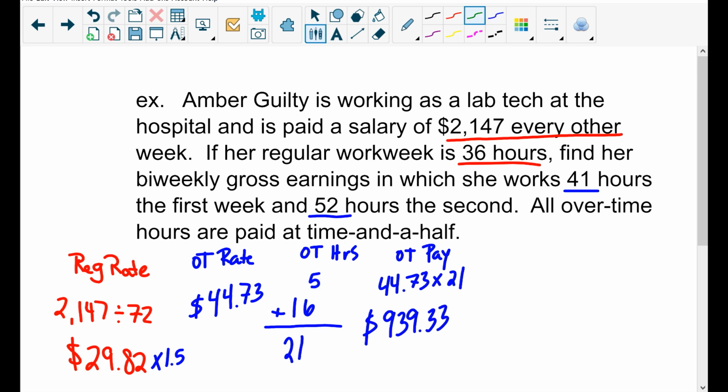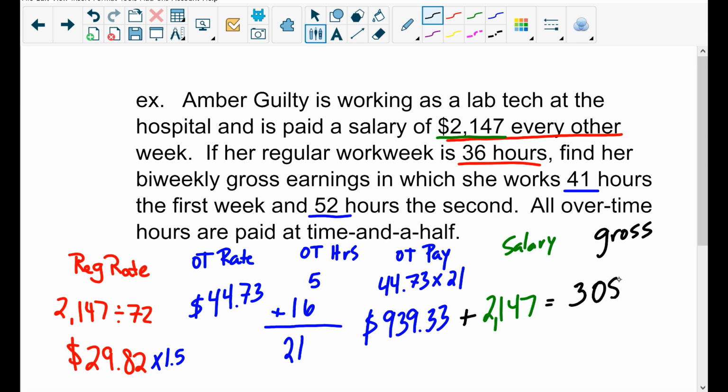Again, combine that with our regular salary, so adding the 2,147. So our gross pay for both weeks, 3,000 and what? 86.33. That's it.